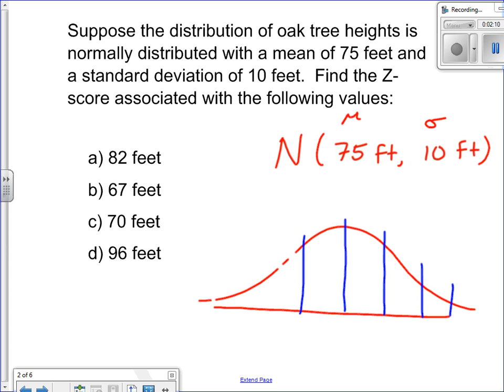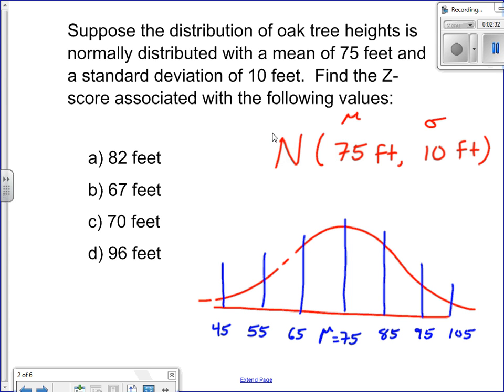This is a pretty straightforward one to use our empirical rule. The mean right here at 75, and then 85 as we go up, 95, 105. Obviously, we can also drop below.